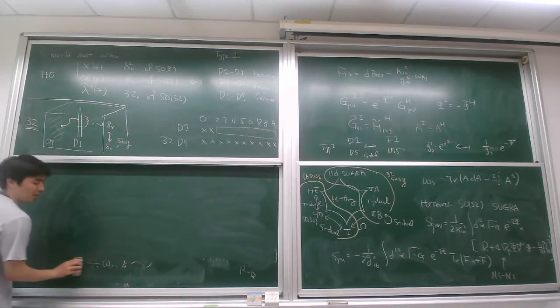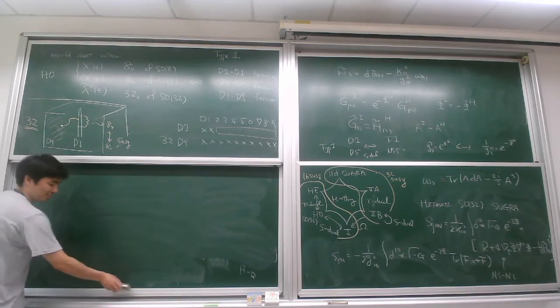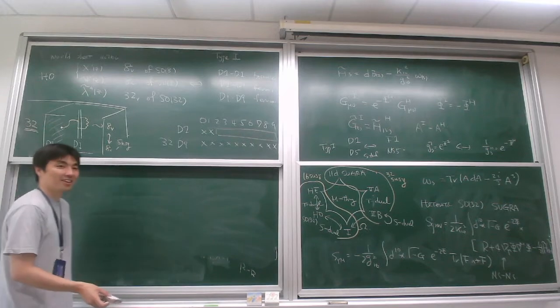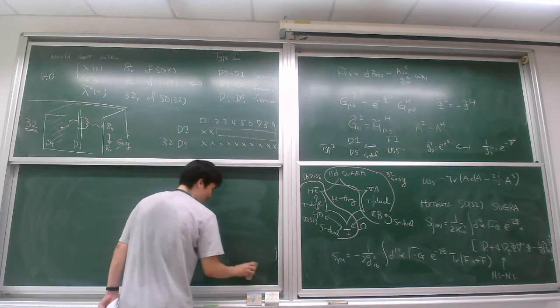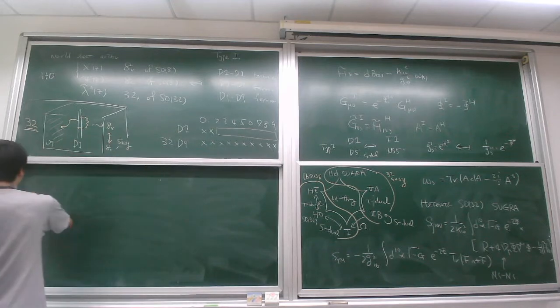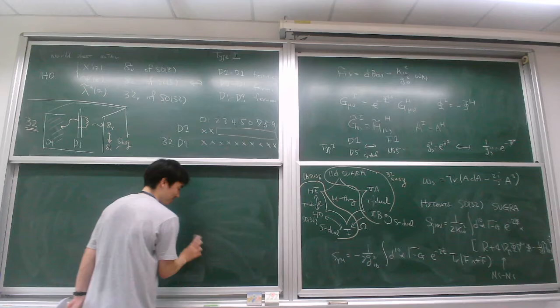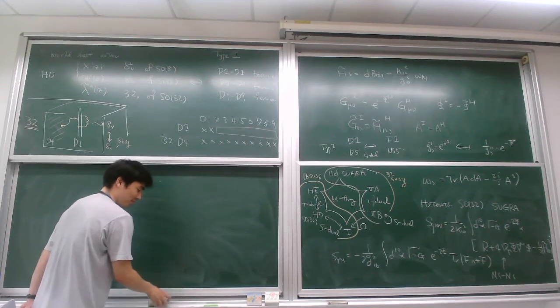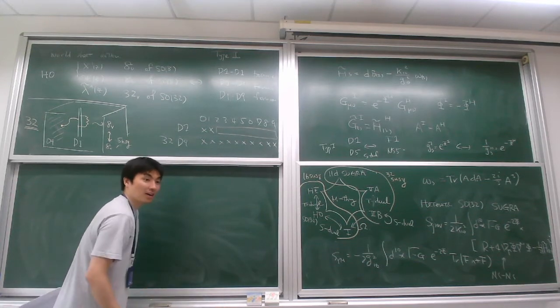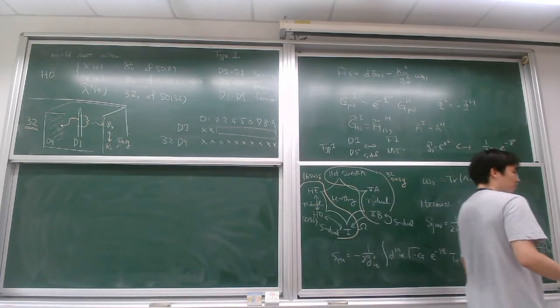If you take the strong coupling limit of type 2A, what's going to happen? Oh, come on. I already explained at the beginning of lecture today. So it becomes M theory. So the 11th dimension will pop up.